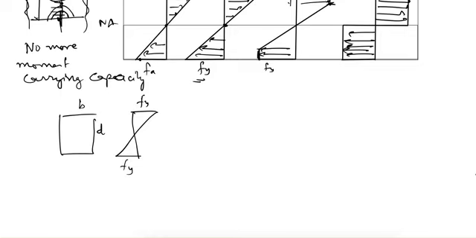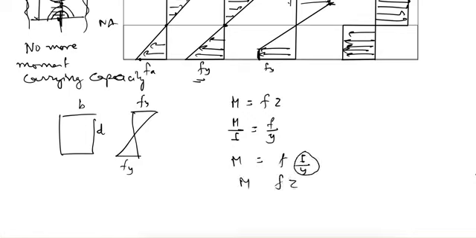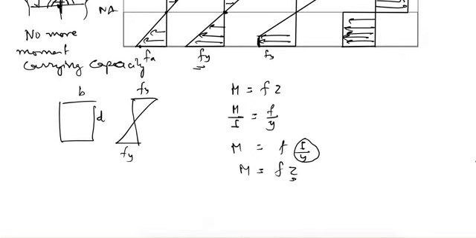We know from our analysis in strength of materials that M upon I is equal to F upon Y. From here we get that M is equal to F into I upon Y, and this I upon Y we denote as Z, that is the section modulus. From this formula we can find out our moment capacity, but there is another way.